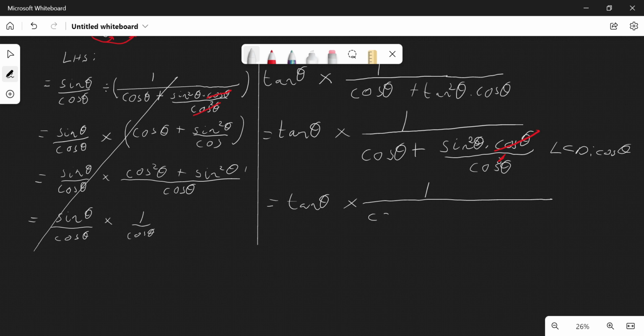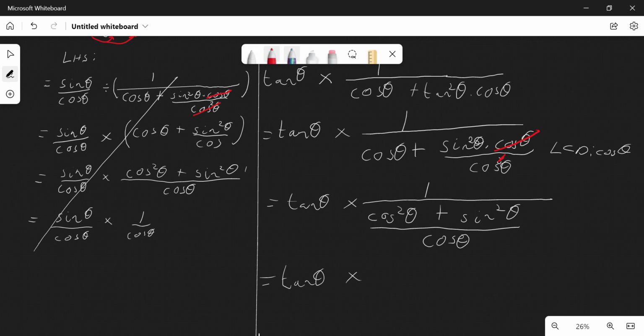So we're going to have cos squared theta plus sine squared theta, and that's all divided by cos theta. Okay, keep going. Tan theta times, this is equal to 1. All right, so it's times this one here.